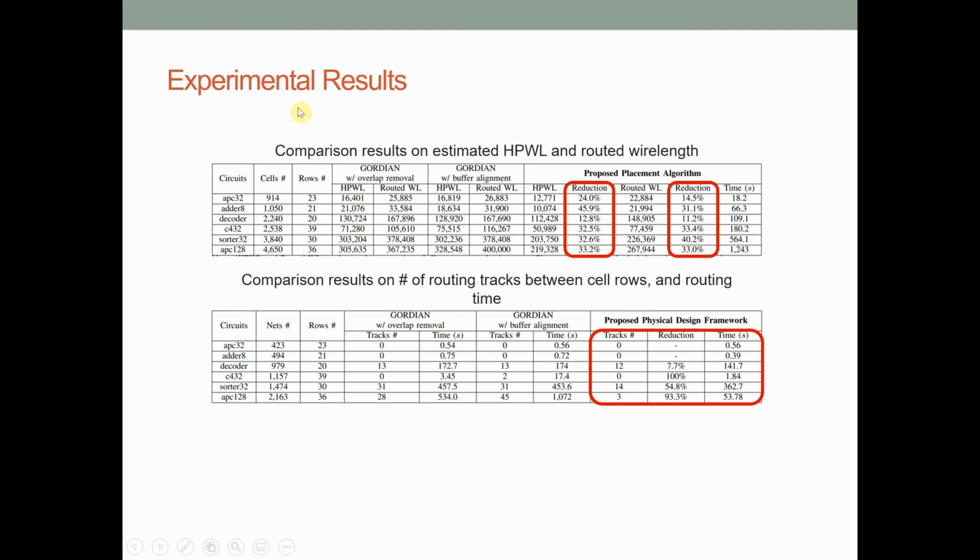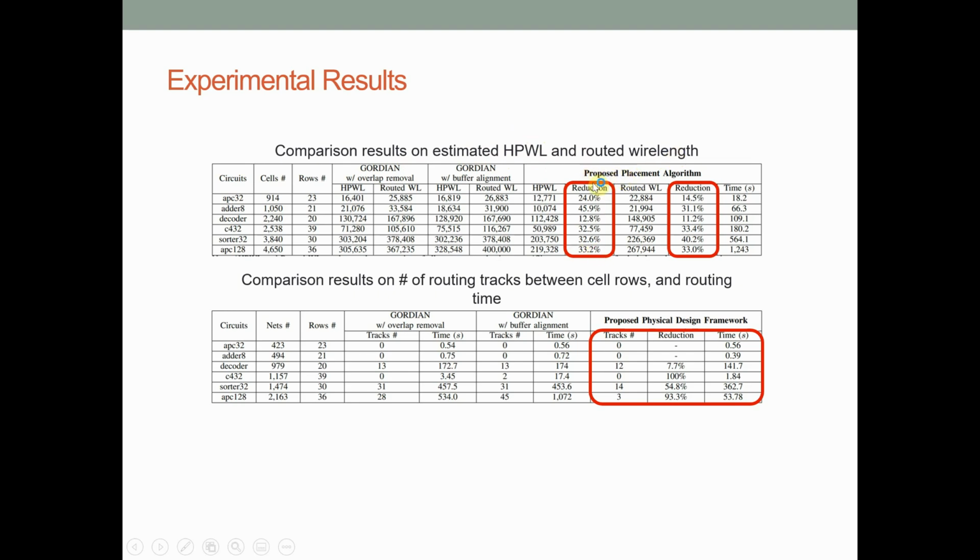So we can see the experimental results. We use the estimated half-perimeter wirelength, HPWL, as the optimization goal, as the estimated cost. We compare both the estimated cost and the actual routed wire length.